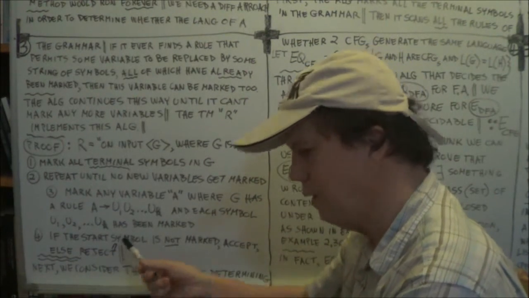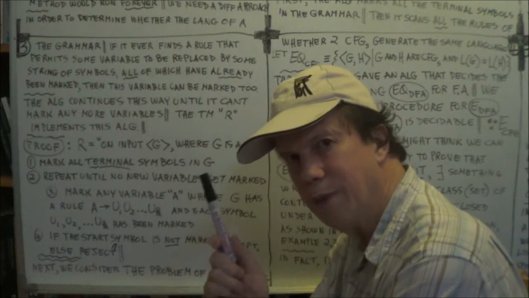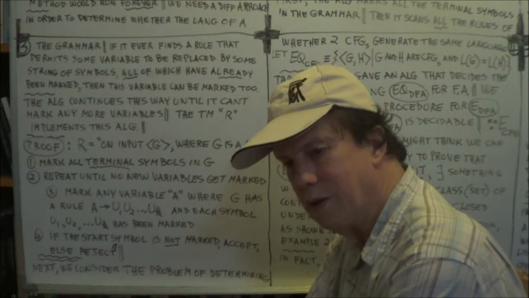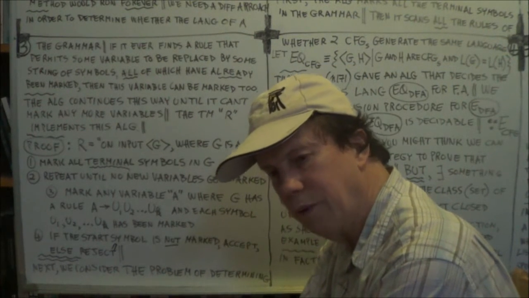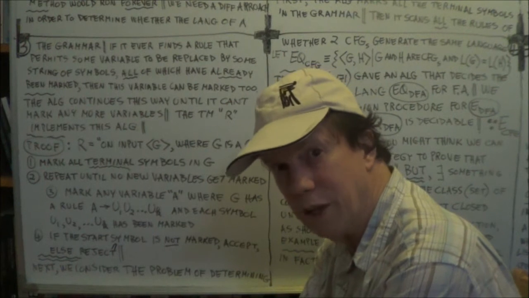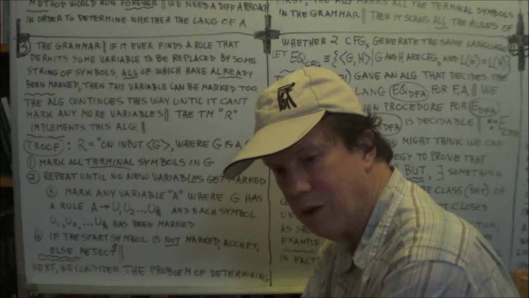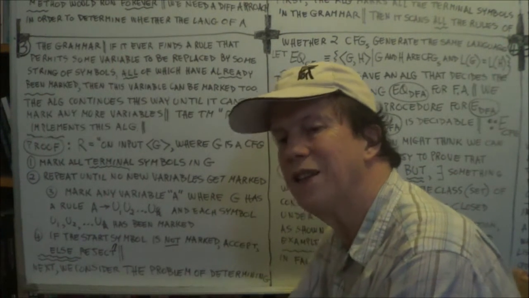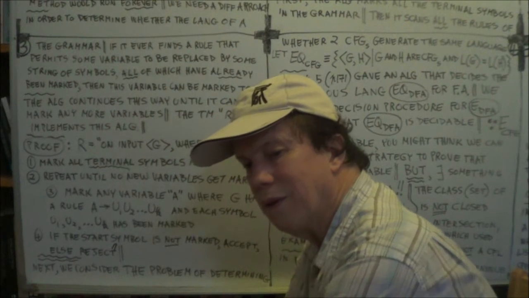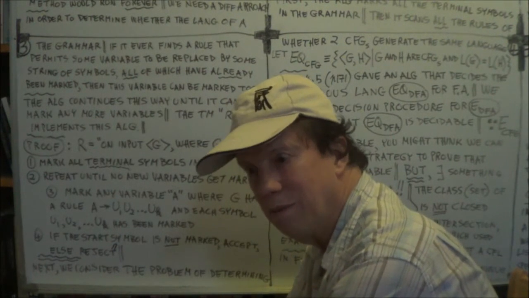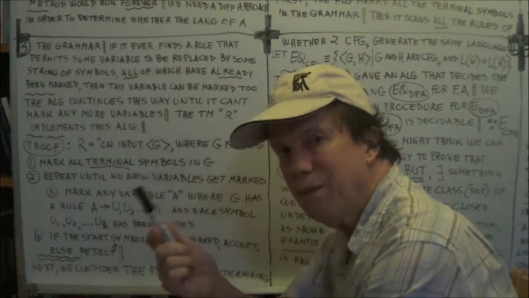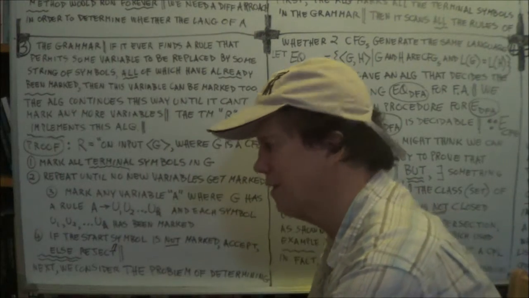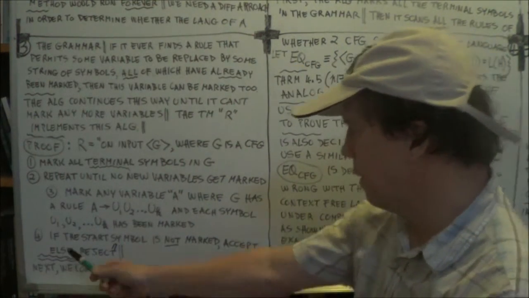So if the start symbol is marked, then that means that strings can be generated, and that means that the language generated by G is not empty, and hence your Turing machine should reject, because the Turing machine is testing whether the language of G is empty. But if it is not empty, then that's not what you're trying to find. So you reject. The Turing machine rejects. Okay. All right. So that's that one done.